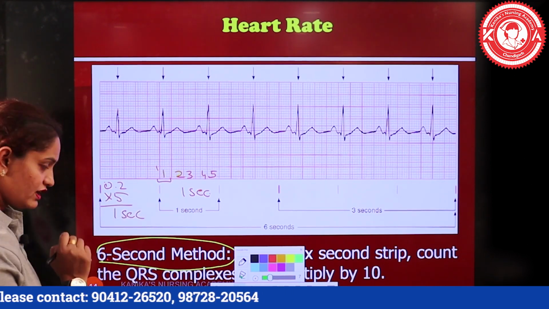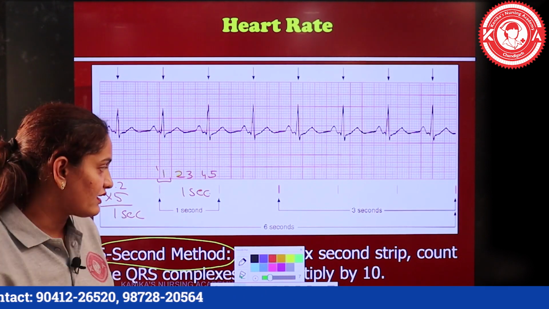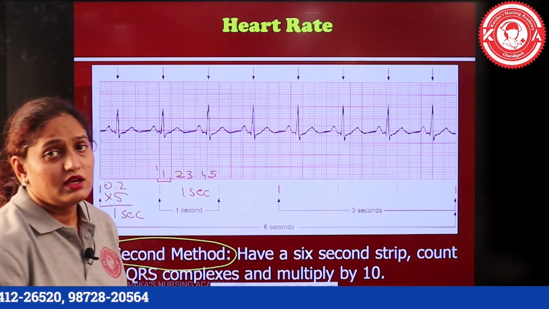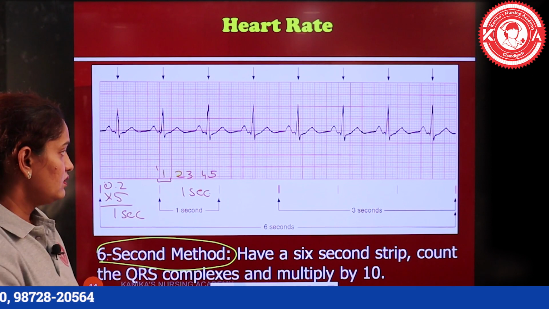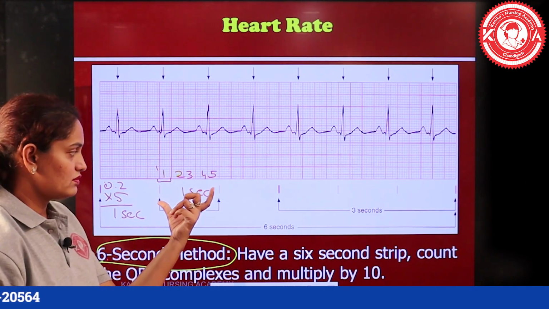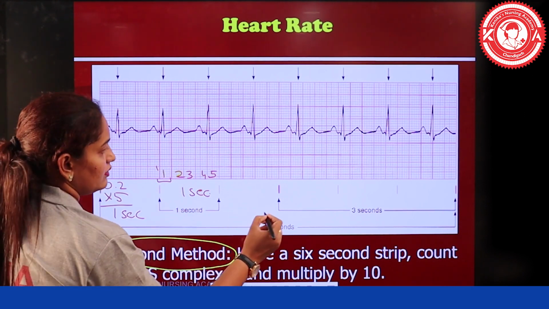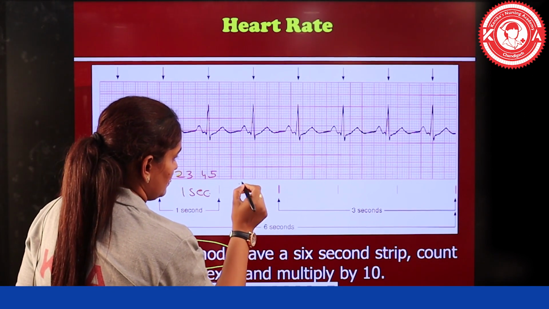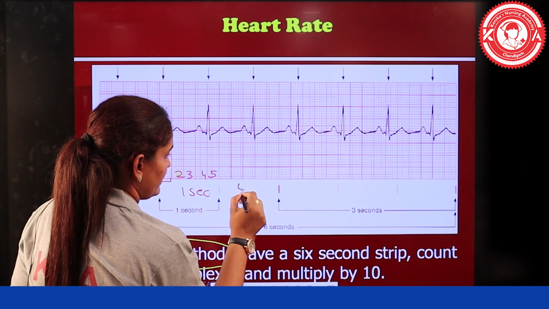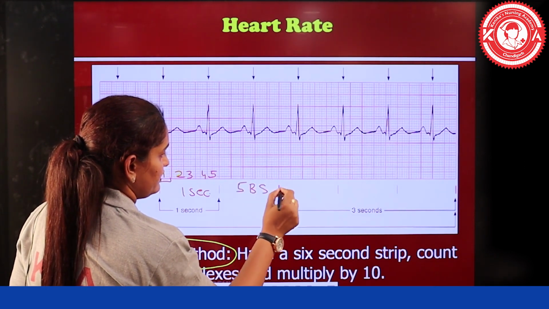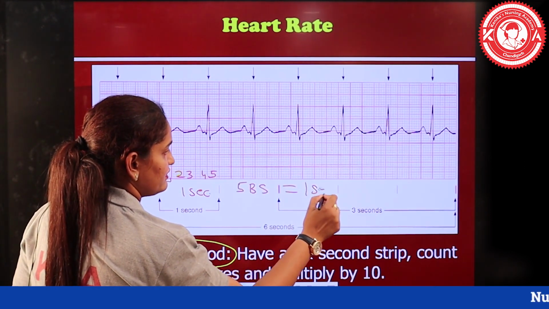And if we need to calculate the heart rate by the 6-second method, that means we need 6 seconds. So if 5 big squares make 1 second, let us write it here: 5 big squares is equal to 1 second.